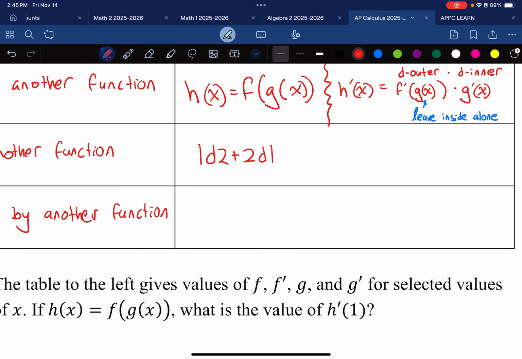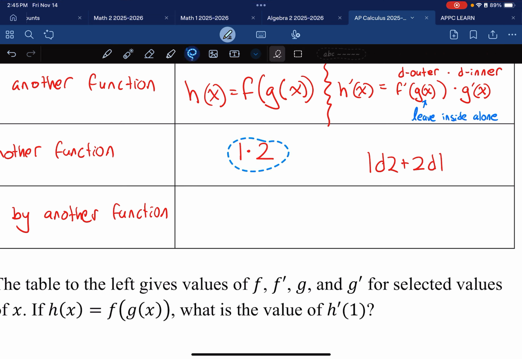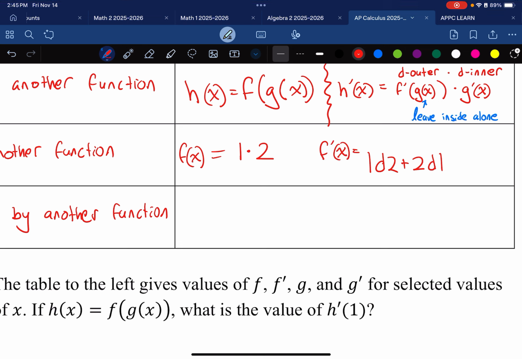Usually what we say here, and I can make these rules a little bit more specific. I know I'm moving things over and that's cheating a little bit, but you can say if I have function 1 times function 2, and I'm trying to take the derivative, so maybe I can say this is equal to, we'll call this f, sure, why not? We'll say that this is f of x is equal to a function 1 times function 2. Then you can say f prime of x will be equal to that 1d2 plus 2d1.